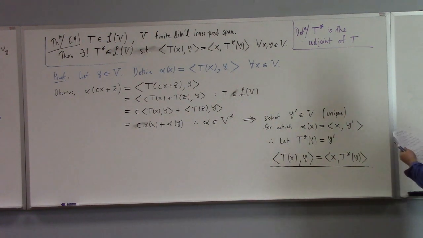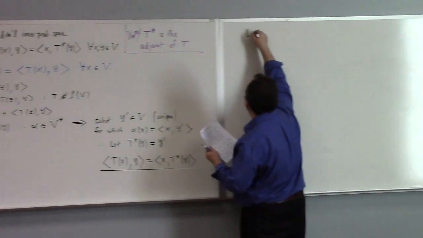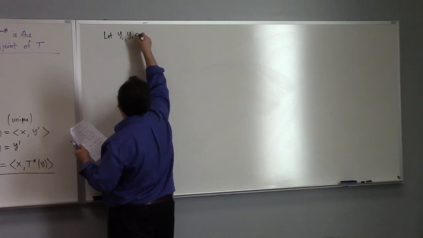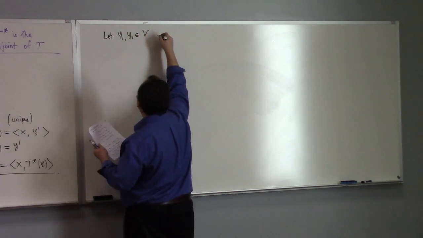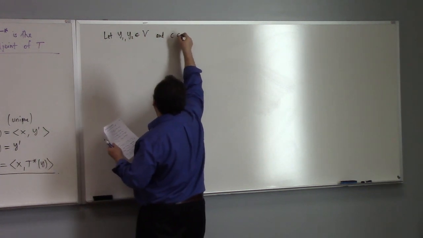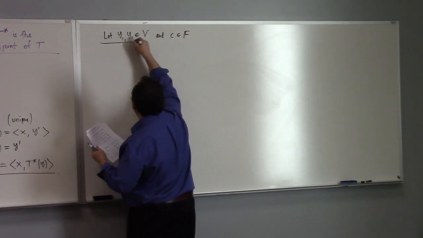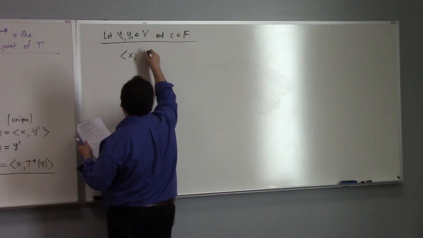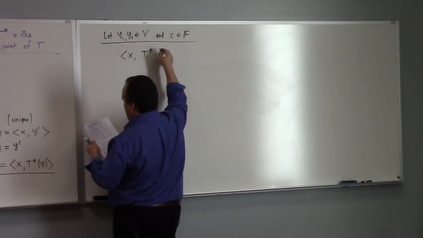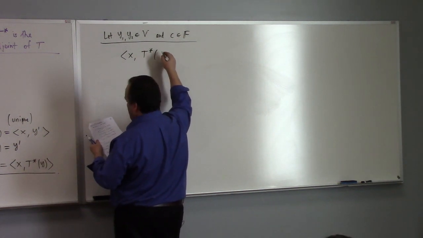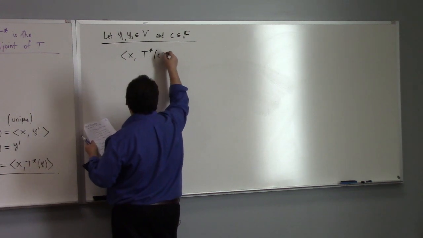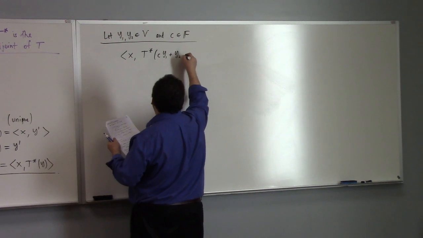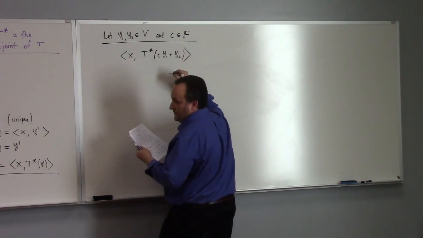So if we look at y1 and y2 in V and c in the field, if we look at x with T adjoint acting on c y1 plus y2. At the moment, we just know that it's a function. We don't know anything else about it.